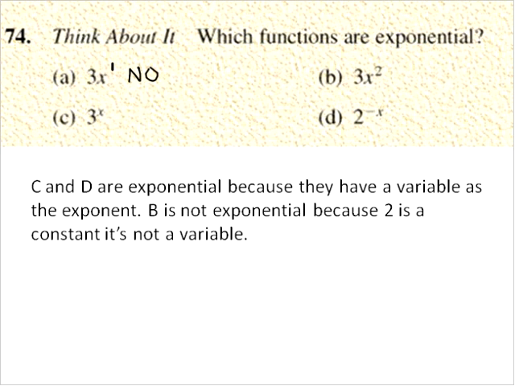Neither is b, for the same reason. 2 is not a variable; it's a constant. So that is not an exponential function. C, yes, you do have an exponential function. And D is also one, because you do have a variable in your exponent. It doesn't matter if it's positive or negative, you still have an exponential function.